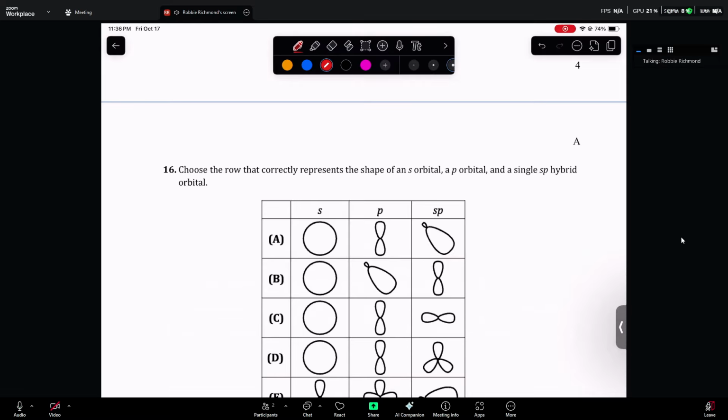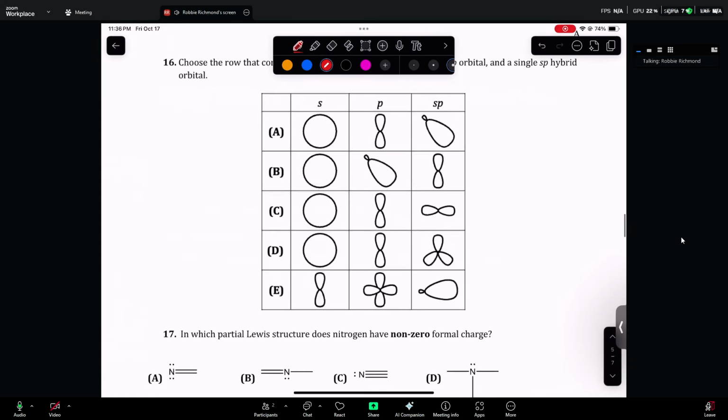Alrighty, 16. If we look at all of our answer choices, immediately I'm looking at E. That's wrong because S is a sphere. Then P, I like to think of it like a peanut. So B is wrong. Now, SP kind of is in between.